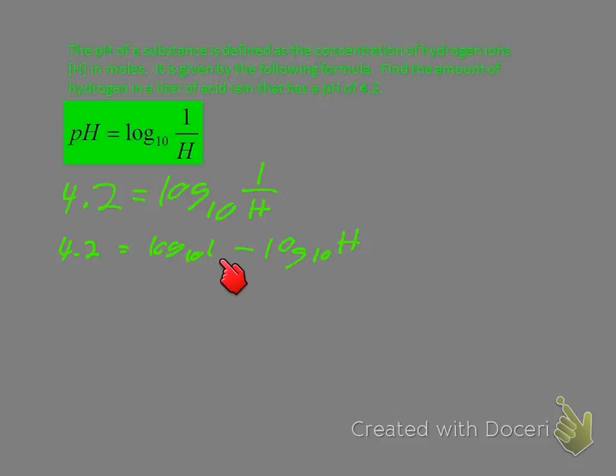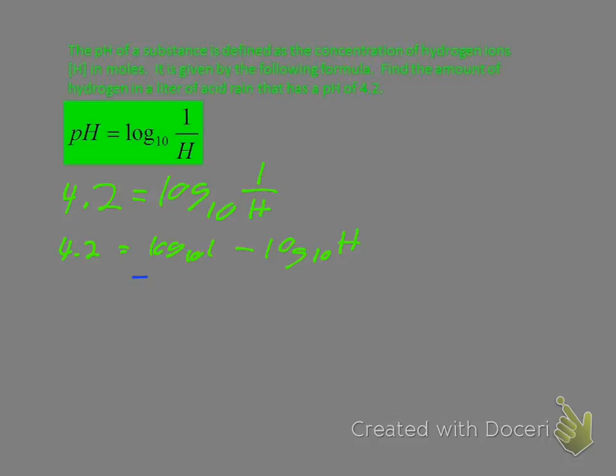But log base 10 of 1 is just a number. We don't know what number it is yet, but it's just a number. So what can we do with this number? To move it from here to over here, we can subtract it.